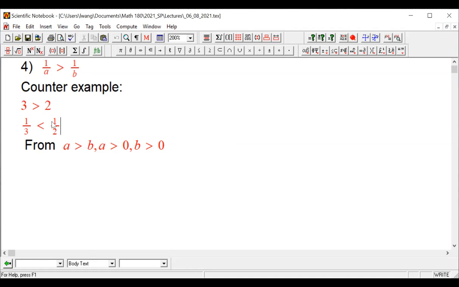Okay. But the question is this, we just mentioned one false one. So this is false. However, now we know this is false, but is this always true?